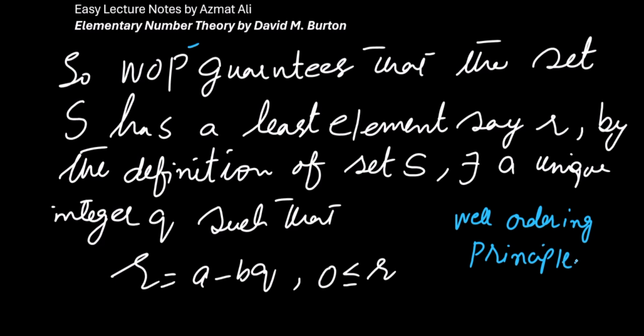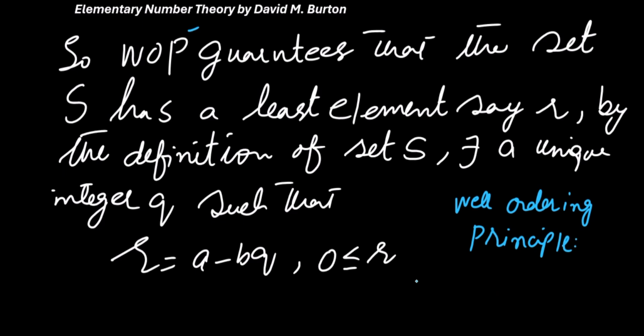This principle says if we have any set of non-negative integers, like here S is a set of non-negative integers, and this is non-empty, then the well ordering principle guarantees that this set S must have the least element. So I say by this principle the least element is R.